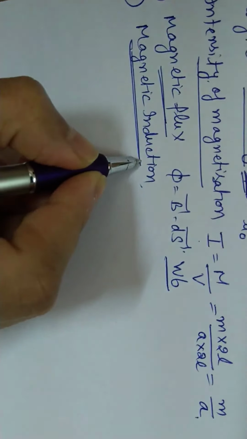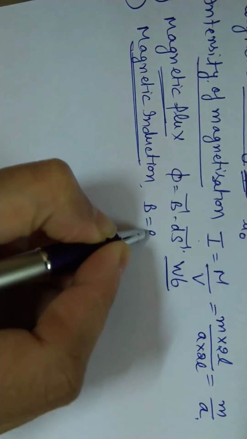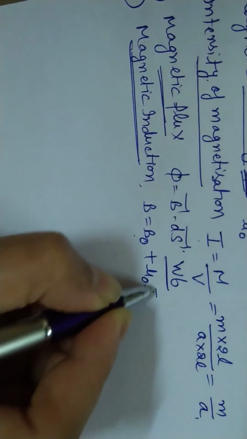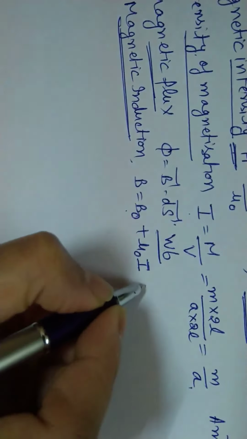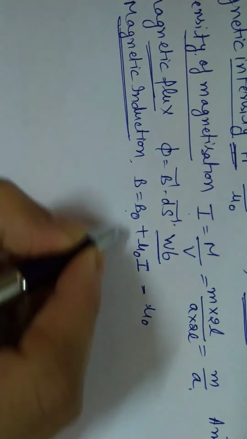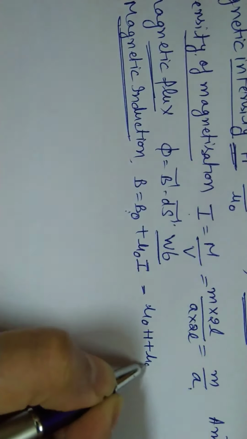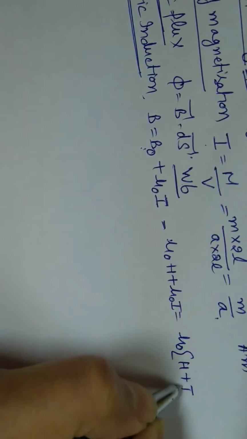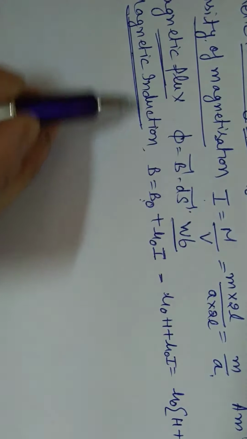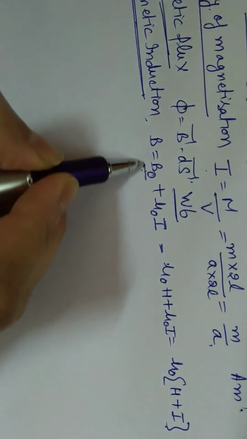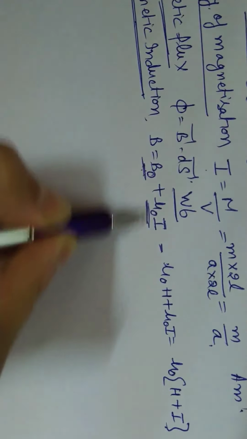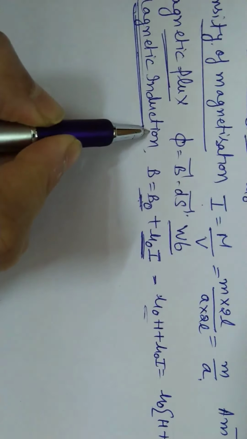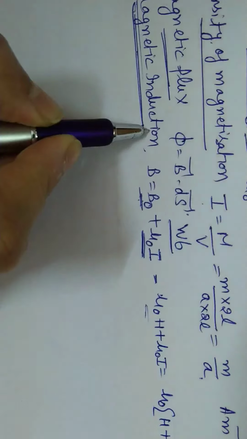Magnetic induction is the sum of the applied field and the magnetized field, mu naught I. If we put H here, it becomes mu naught (H plus I). This is the existing field and this is the magnetizing field. The sum of these is called magnetic induction, measured in Tesla or Weber per meter square.